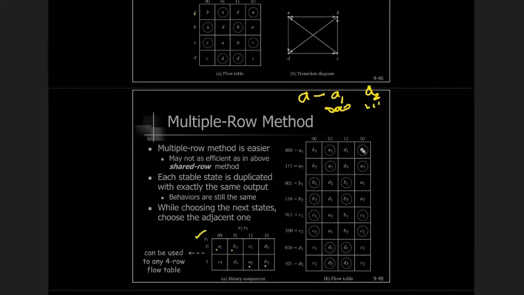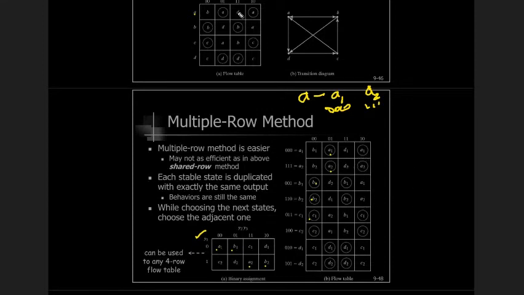To obtain the extended flow table, each row of the original table will be replaced by two rows. So A will be replaced with A1 and A2, and similarly I obtain this extended table. First I fill all the stable states, and to fill the unstable states I have to choose the next state such that they are adjacent.